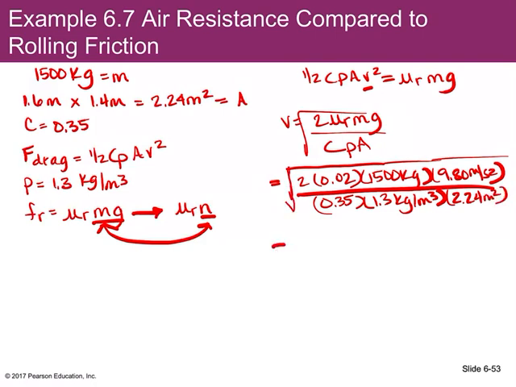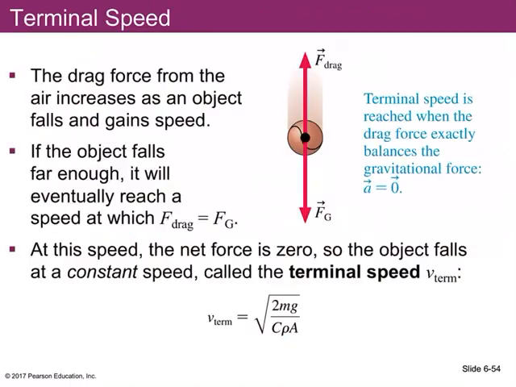And this is all under the square root, okay? And this is going to be equal to 24 meters per second. All right. So that is how you could find the velocity of something that's involving both drag and rolling friction.